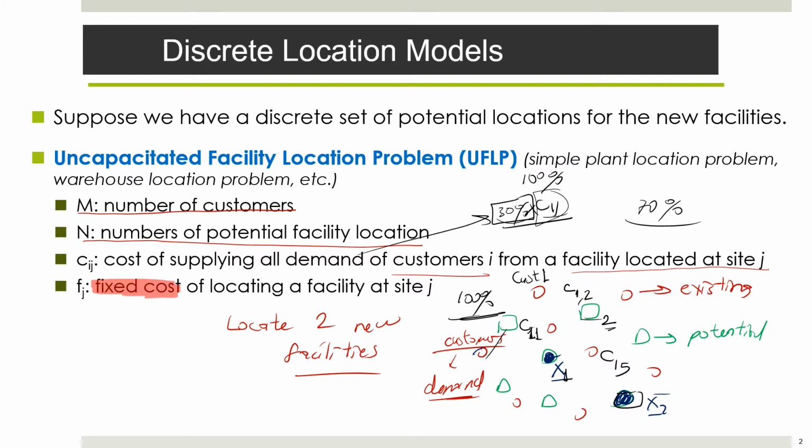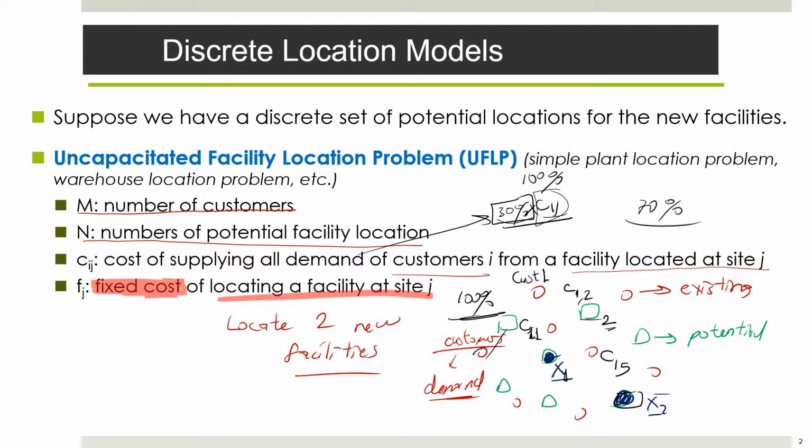This is the cost of locating a facility at site J. If you establish a facility here, then the cost is, for example, F2, or F1 for this first candidate location. But if you don't locate it, then it is 0. So that fixed cost only appears when you locate a facility there.